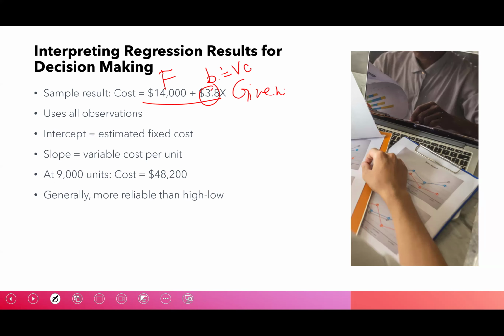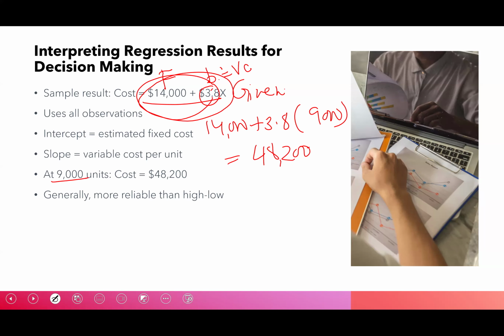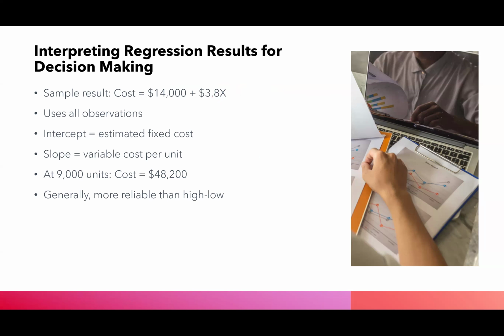If the question says the level of activity is 9,000, using this regression equation, how would you estimate the cost? Well, you'll say 14,000 plus 3.8, and you will plug in 9,000 here, and it will give you 48,200. Because this equation has been developed using every single data point that I had available, it is considered to be a little bit more reliable than the high-low method.